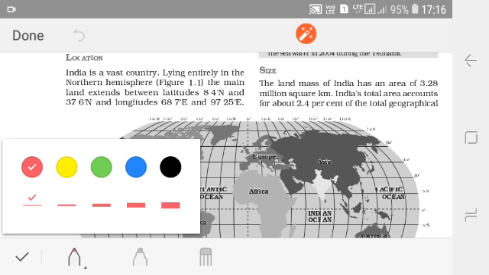So in India, the land is extending between two latitudes.